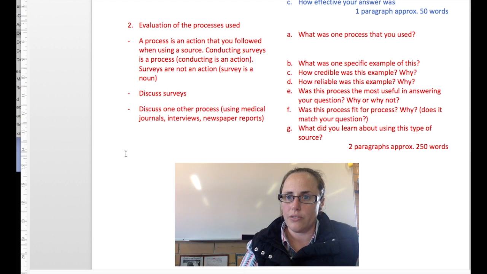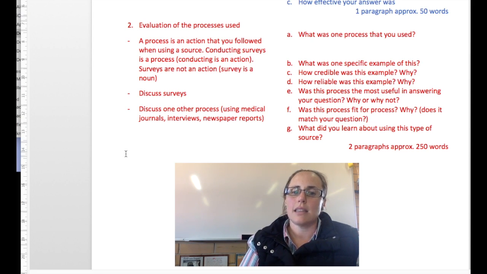Is that really fit for purpose? If you are interviewing someone about netball and you're asking your uncle, who is a coach of the Thunderbirds, that makes sense. But if you're asking your uncle who's the coach of the Kadina Footy Club, probably not that fit for purpose, all right? So that's the kind of thing that you need to talk about under F.